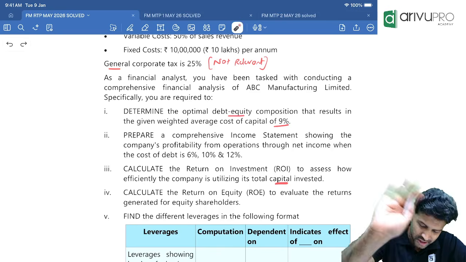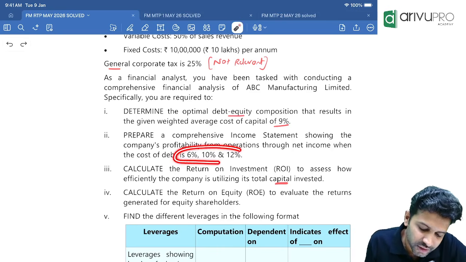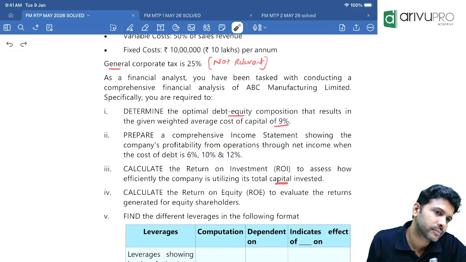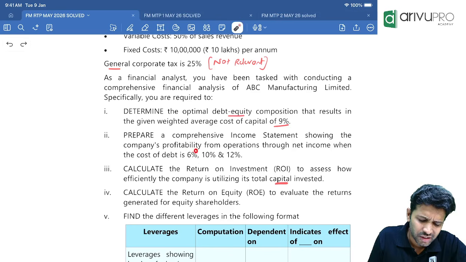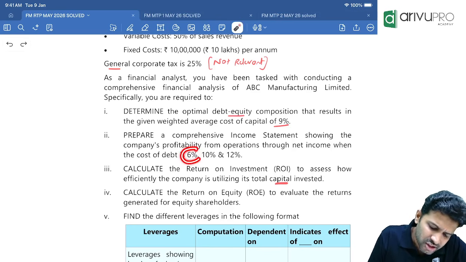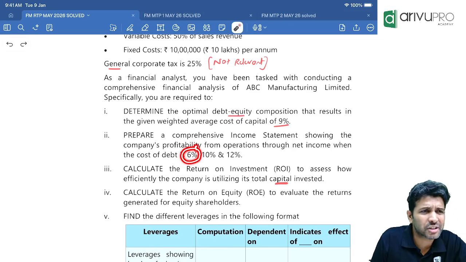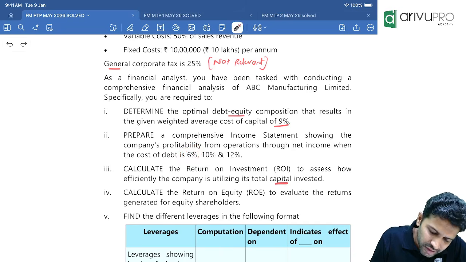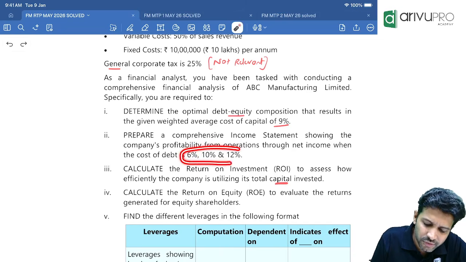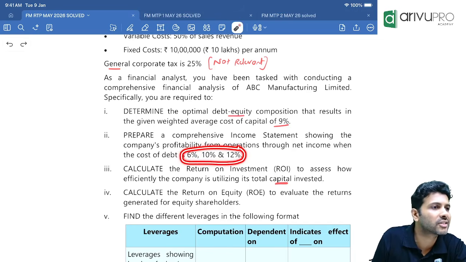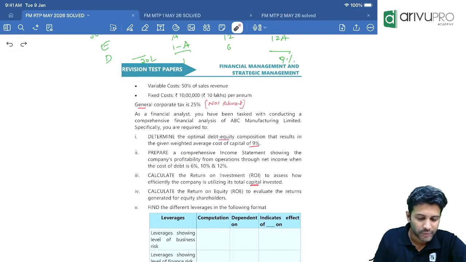There are three circumstances, when the cost of debt is 6, 10 and 12. This is easy, no? Anyway, the tax rate is not there. So you can say the cost of debt is 6% or you can say the interest rate is 6%. Basically they are saying the interest rate in the first case is 6%, the second case 10%, the third case 12%.